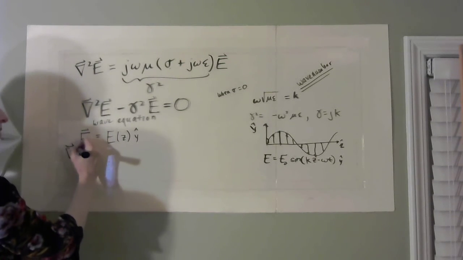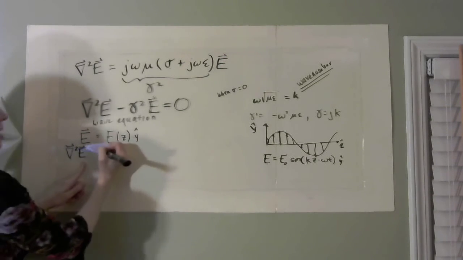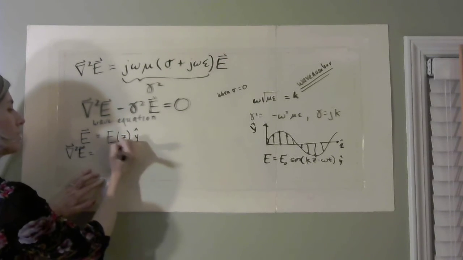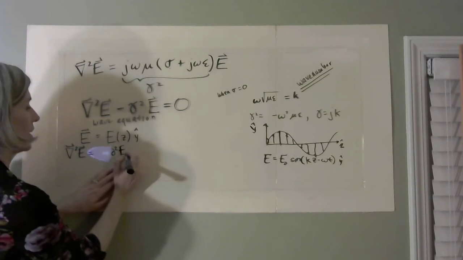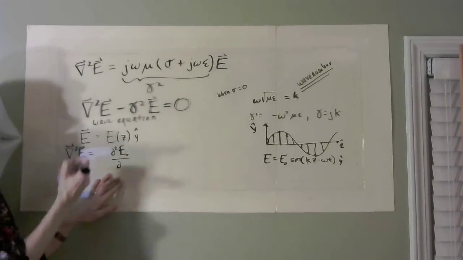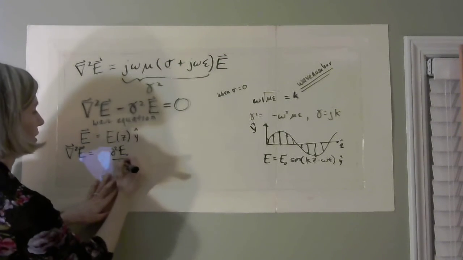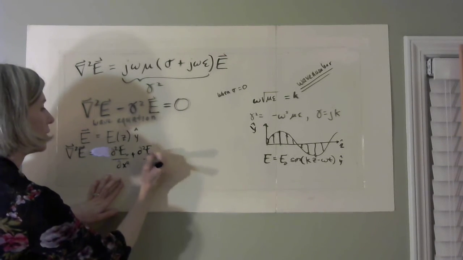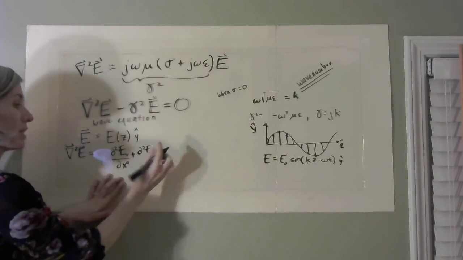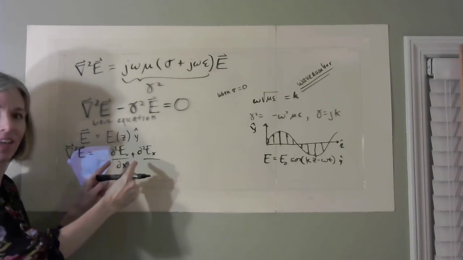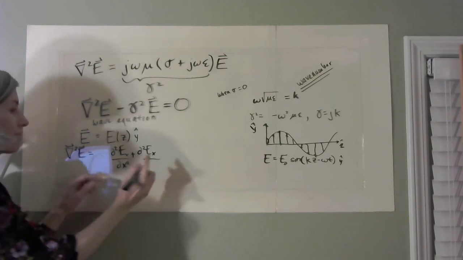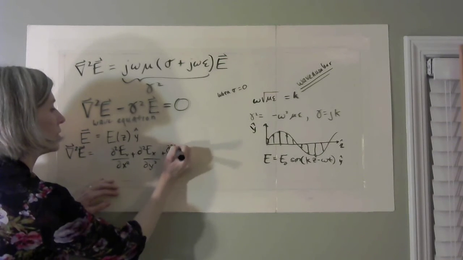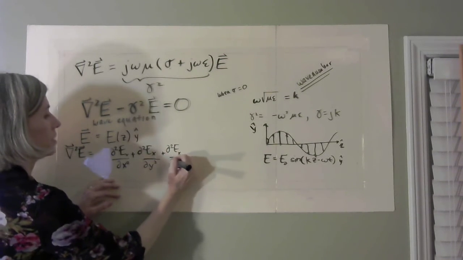Del squared E: you take the regular Laplacian of each of the 3 components of E. d squared E sub x, dx squared, plus d squared E sub x, dy squared, and d squared E sub x, dz squared.